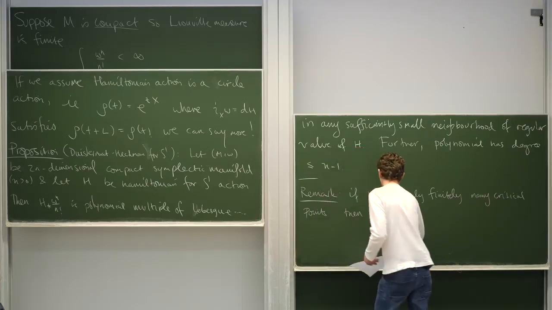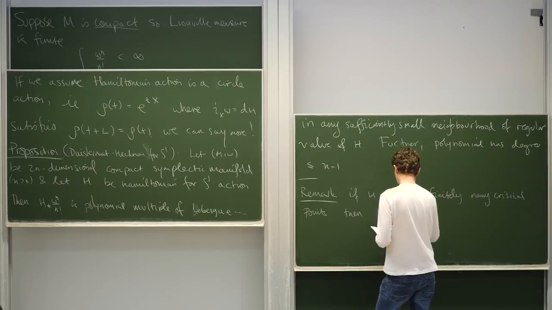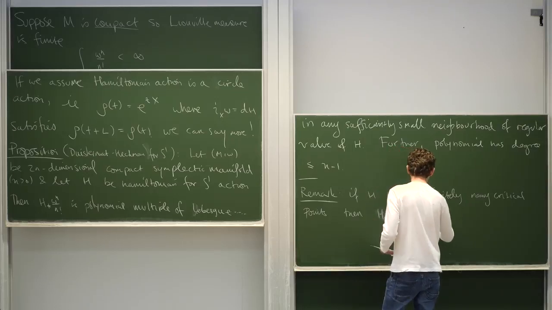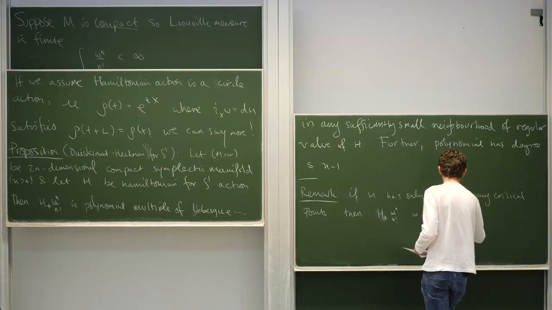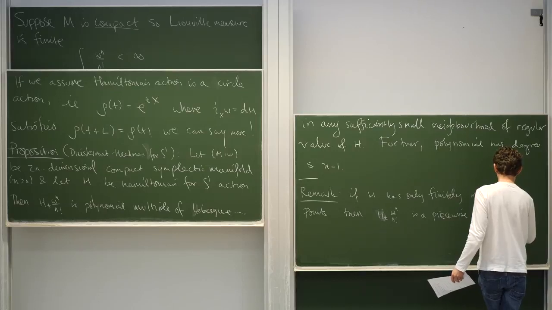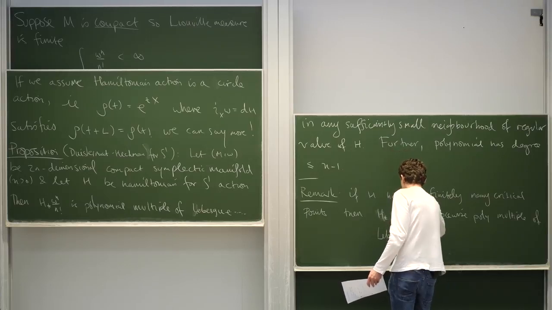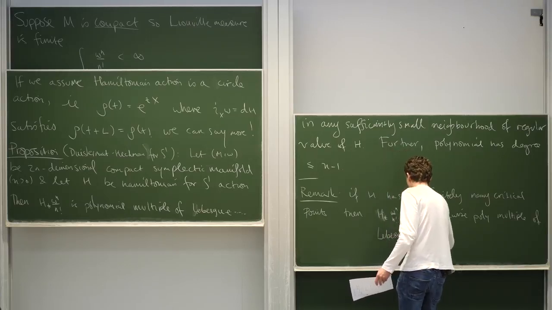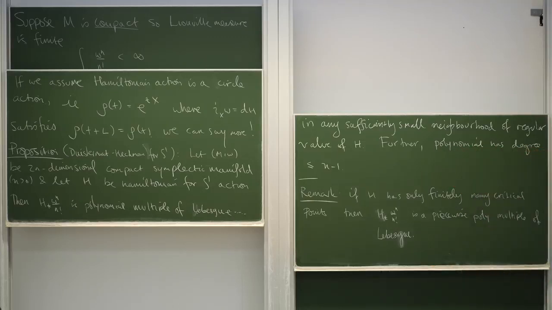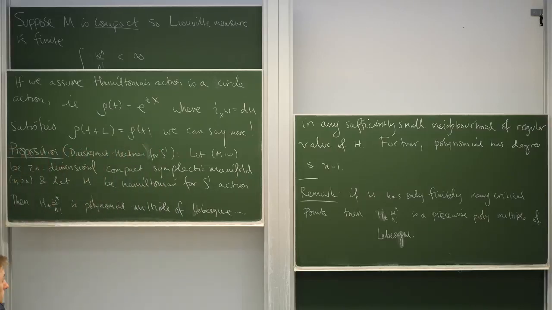Then this tells us that the induced measure on R is a piecewise polynomial. Pretty amazing.